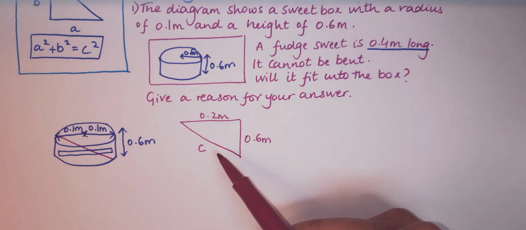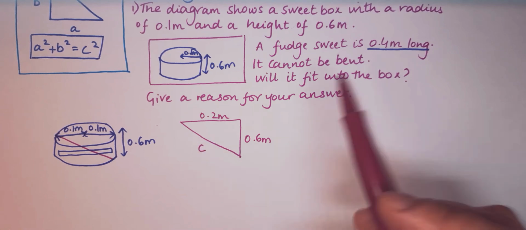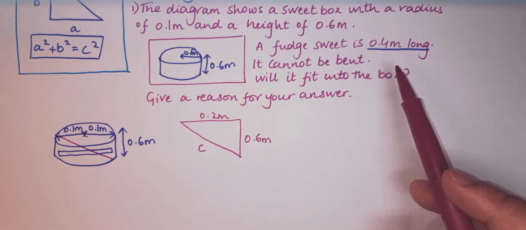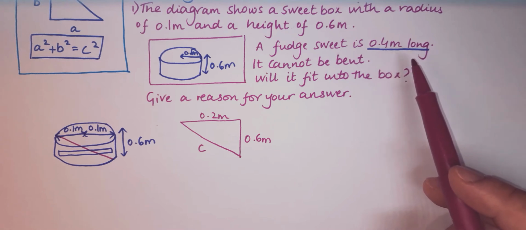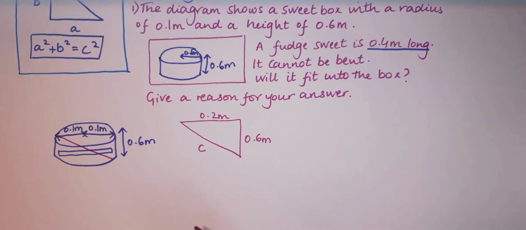That is what we need to find out. If this value is larger than 0.4 meters, the sweet will fit into the box. If the value of C is lower than 0.4 meters, the fudge sweet cannot fit into the box. Just keep that in mind before you start working out.